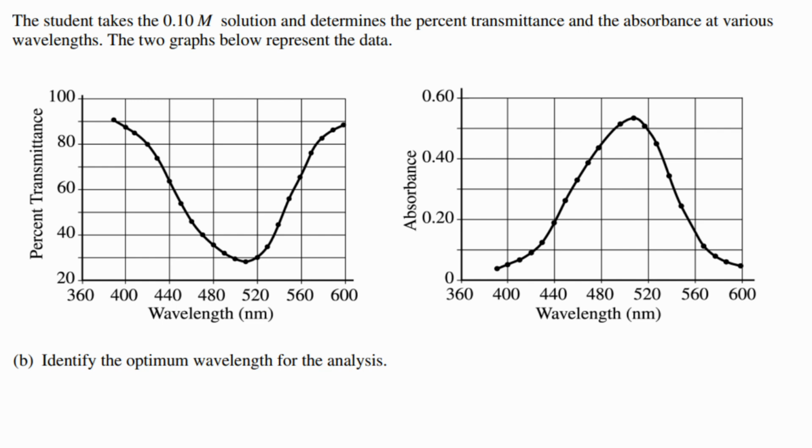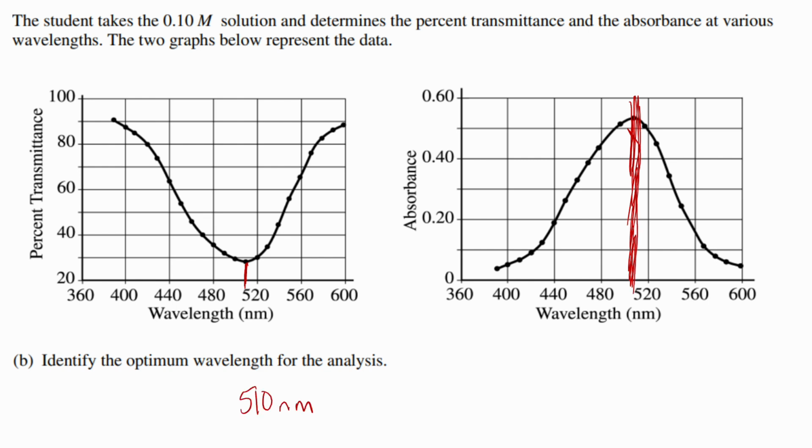When you see this percent transmittance and the absorbance, you're going to be looking at the two peaks, the bottom peak for the transmittance and the top peak for the absorbance. If you look at the two peaks, they are both at 510 nanometers. So that is going to be our answer for this question, 510 nanometers.